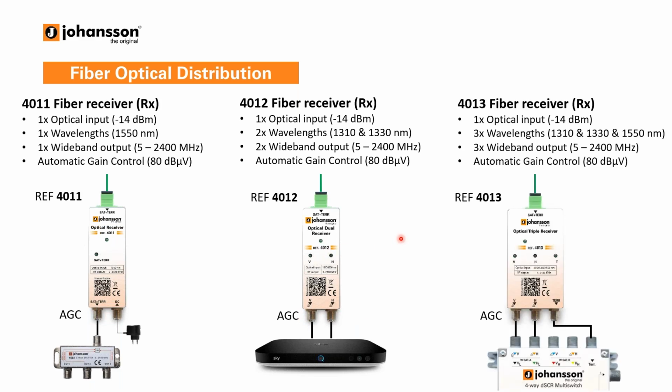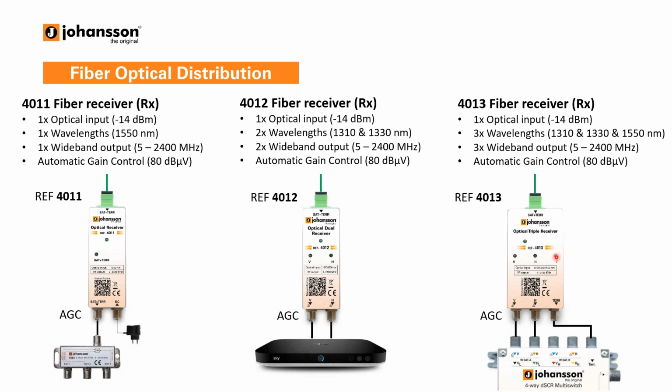And the last optical receiver we have is the 4013. And of course, the 3 stands for 3 outputs and also 3 wavelengths, 1310, 1313, 1550. Same frequency range, again, AGC control.